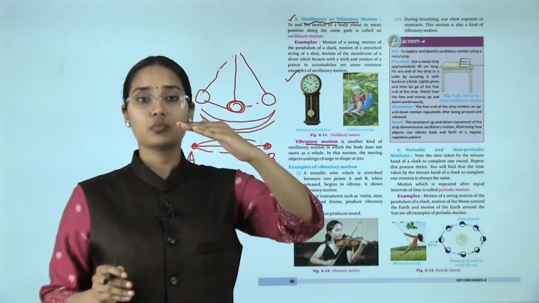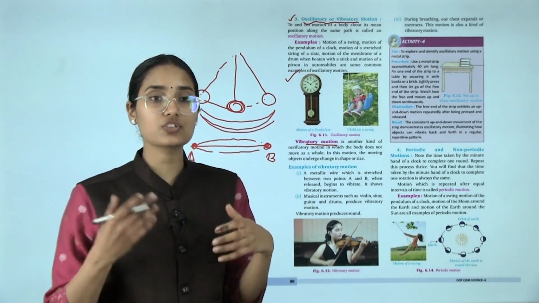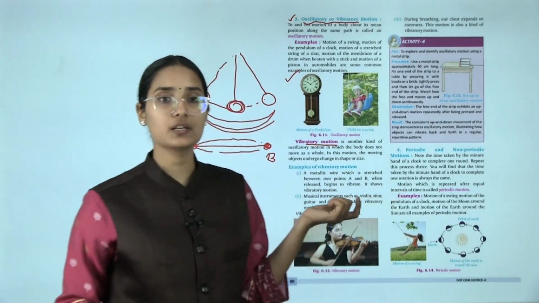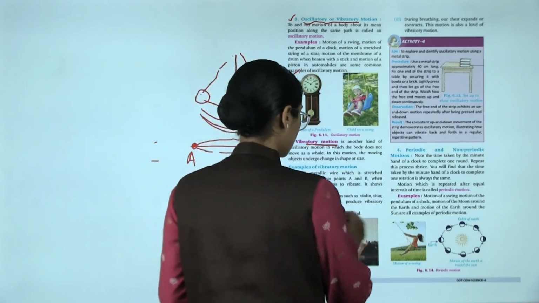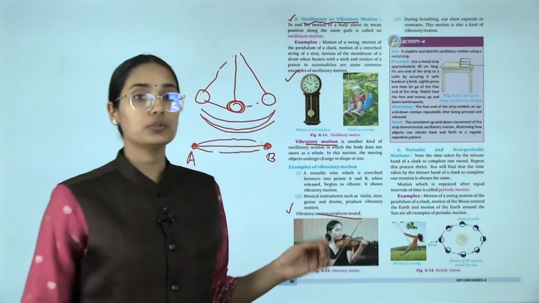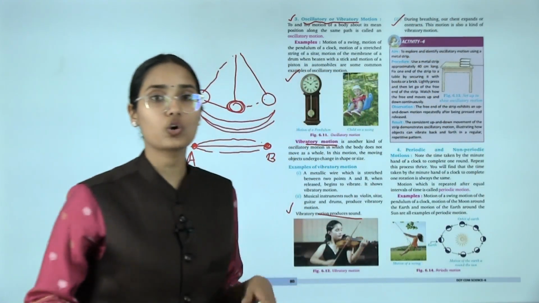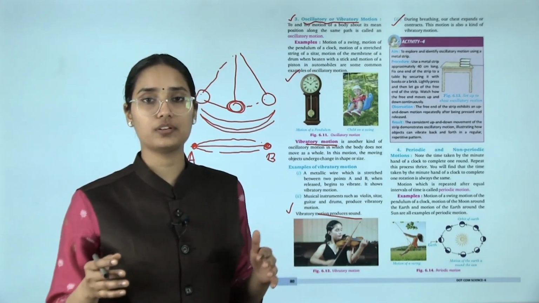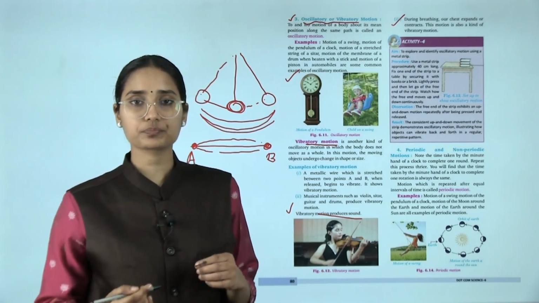The strings move up and down at such a speed that we cannot even see, but we can feel the vibration. So vibratory motion produces sound. During breathing also, our chest expands or contracts, and this motion is also a kind of vibratory motion, and that is the reason we can speak.